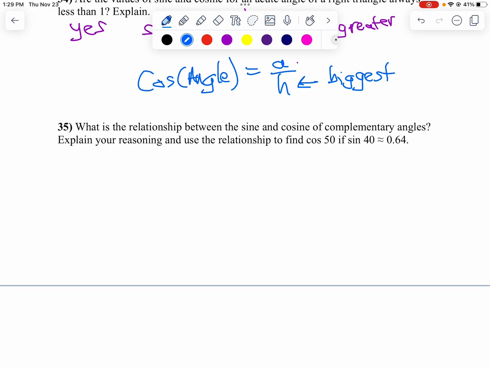So if I want to find the cosine of 50, that's the same as the sine of 40. In other words, on this problem, it's 0.64. It's going to be exactly the same. The cosine of 50 equals the complement's sine. So the complement of 50 is 40. And since I know the sine of 40 is 0.64, the cosine of 50 is 0.64.